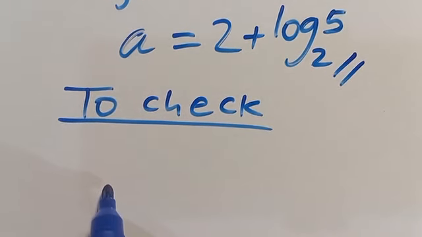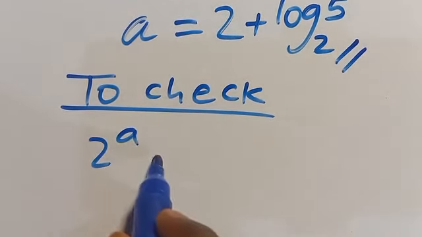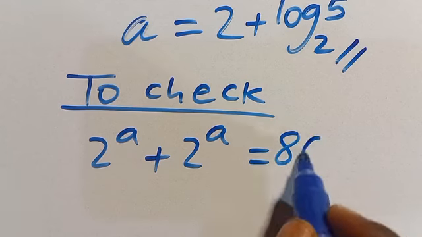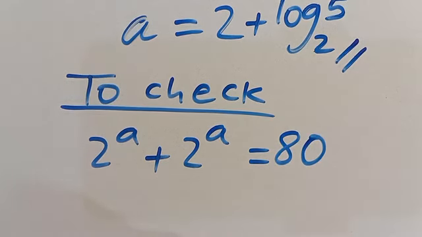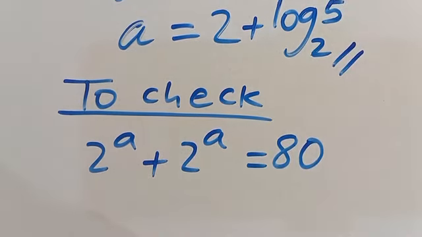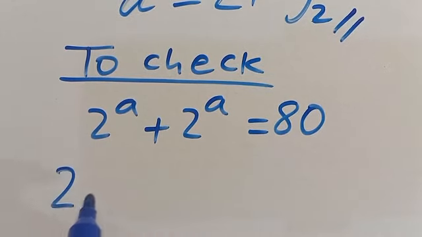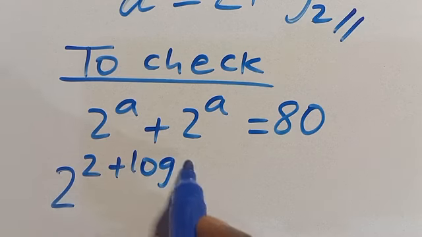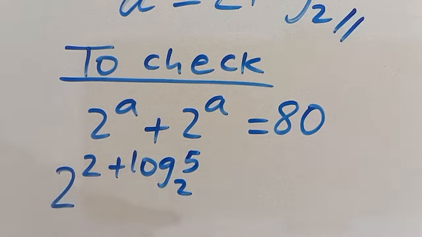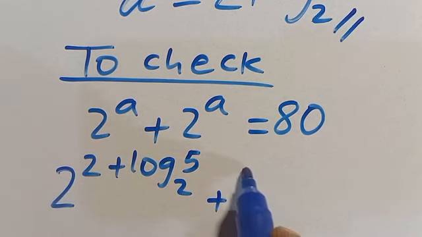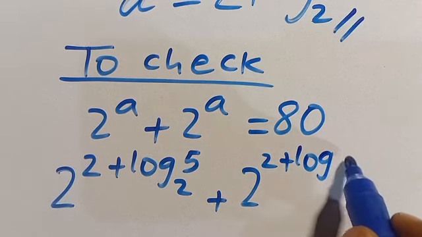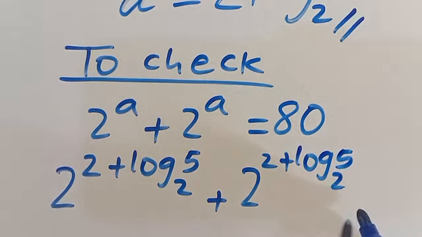We have 2 to the power of a plus 2 to the power of a equals 80. And our a equals this, so we're going to have 2 to the power of 2 plus log 5 in base 2, plus 2 to the power of 2 plus log 5 in base 2.